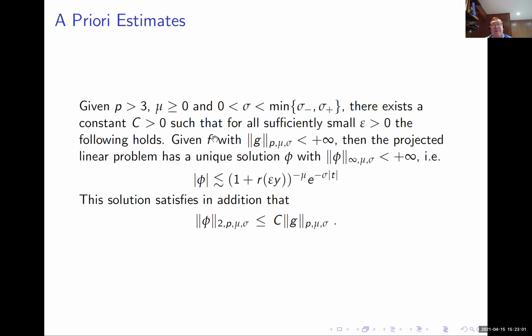Basically we're saying that if you have a G which decays like this, then we want to find a solution φ also decaying like this. So this is our aim. We want to find a solution with decay in t and decay in space. We want to find both decays.